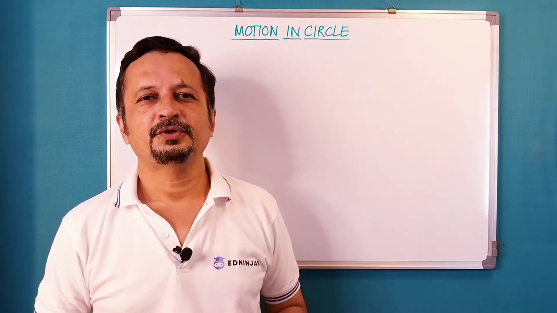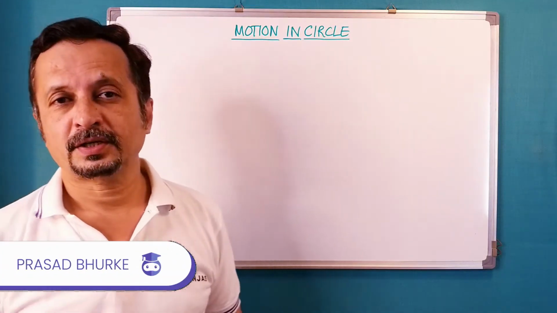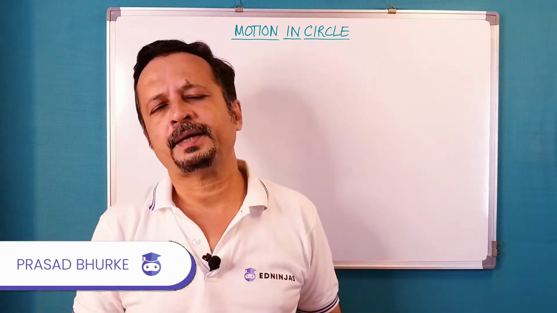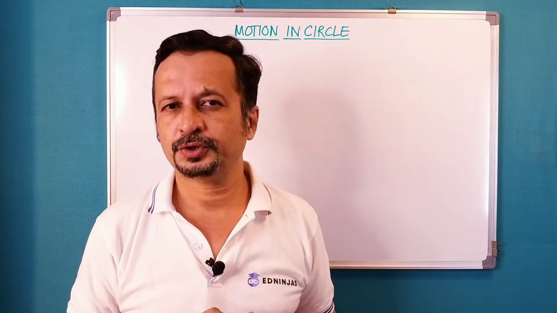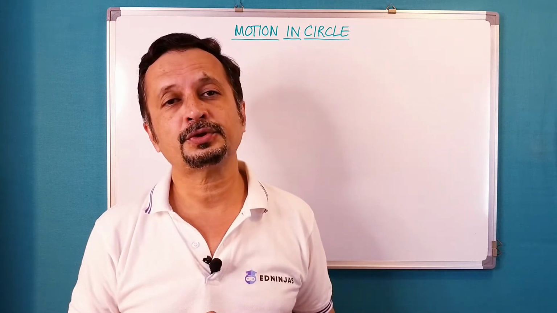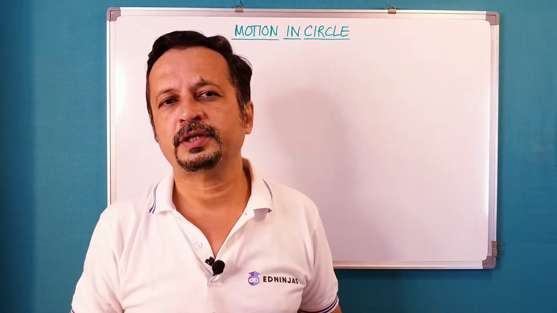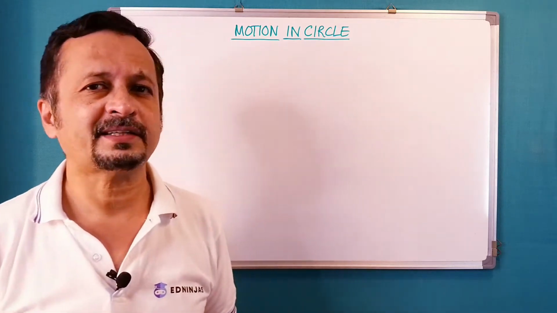Hello friends, today we are going to talk about motion in a circle. Basically, what are the types of motion that we know? The most basic is translational motion, then there is rotational motion and vibration or oscillatory motion. So what happens in translational motion?